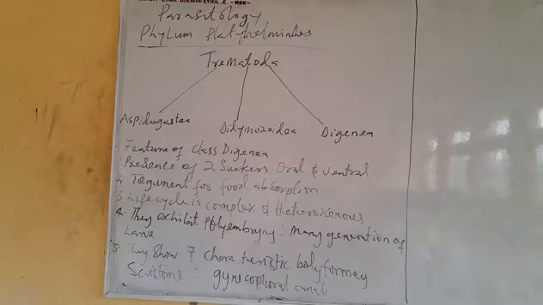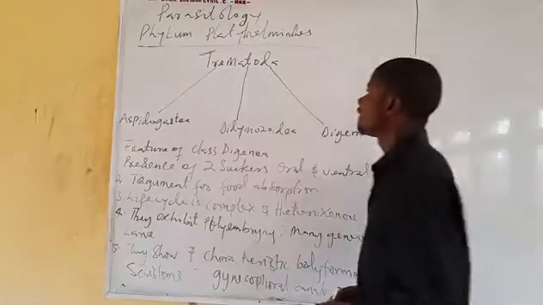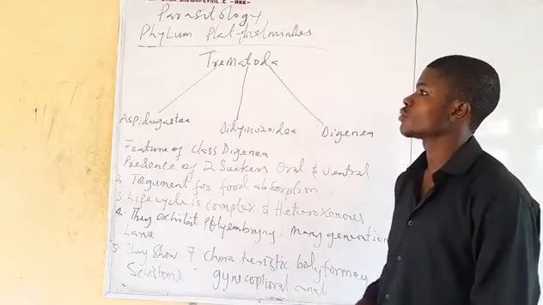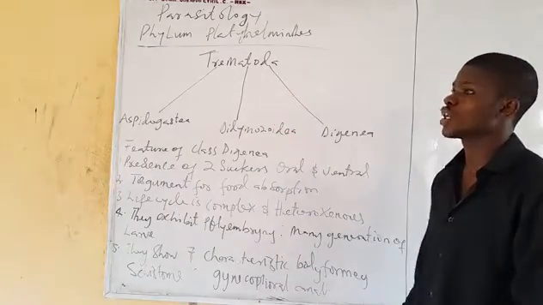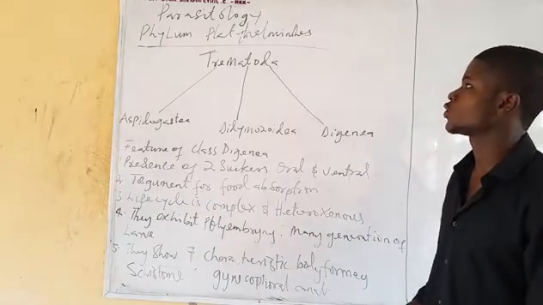Alright, so we would still treat these classes one after the other. I listed the 6 classes. The class we are considering here is class Trematoda.